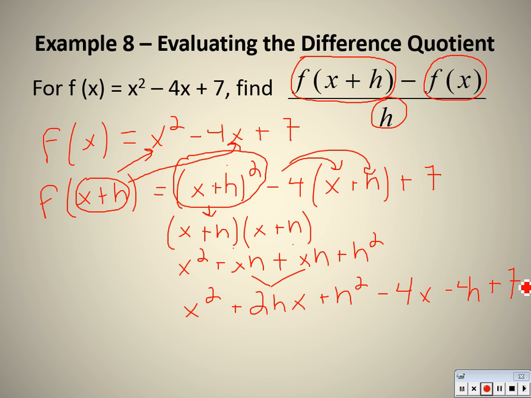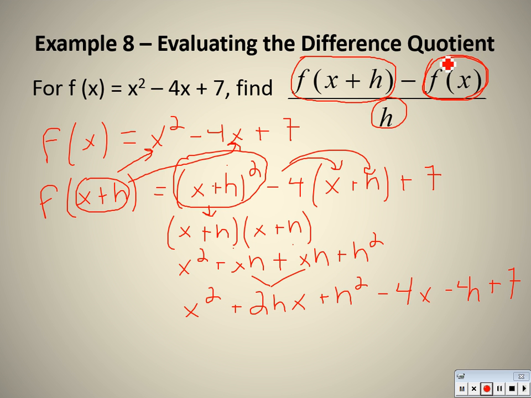So then what I want to do is take that value, x squared plus 2xh, or 2hx, plus h squared minus 4x minus 4h plus 7, and subtract from that the value of f of x.